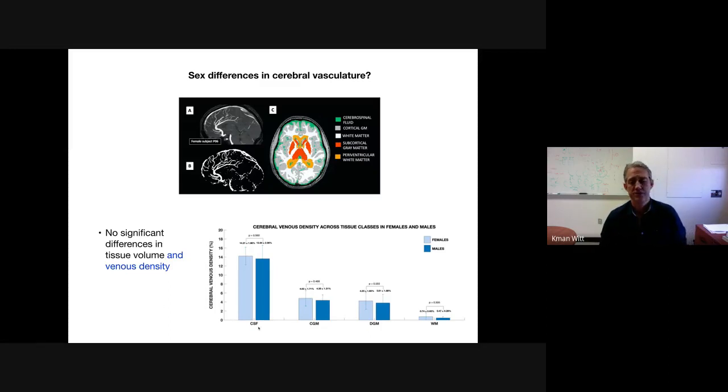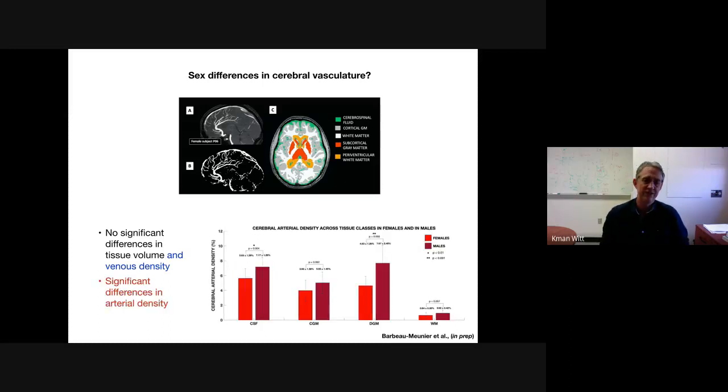There was also no differences in the cerebrospinal fluid. When we looked at the venous density map, again, we found no striking difference between the sexes. So here we have the CSF, the cortical gray matter, the deep gray matter, and the white matter. And you see there's no real difference in terms of venous density.